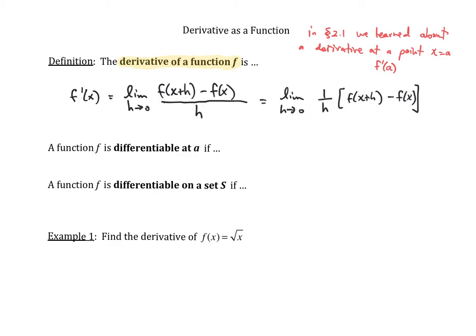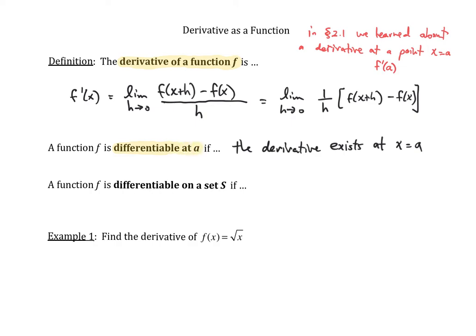Okay, so we say f is differentiable at a point a if the derivative exists at x equal to a. So that's what we mean when we say it's differentiable at a.